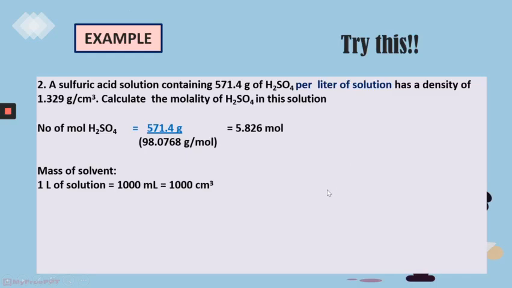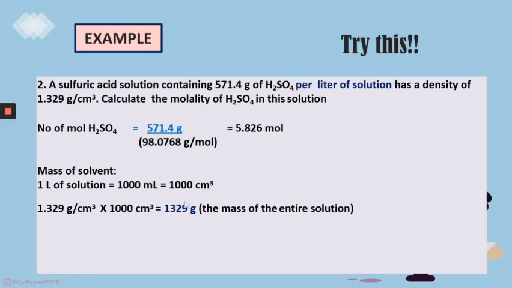So you must do conversion. 1 liter of solution equals 1000 milliliter equals 1000 centimeter cube. So from the density you convert into mass. 1.329 gram per cm cube times 1 liter. The 1 liter converts into centimeter cube, it becomes 1000 centimeter cube.